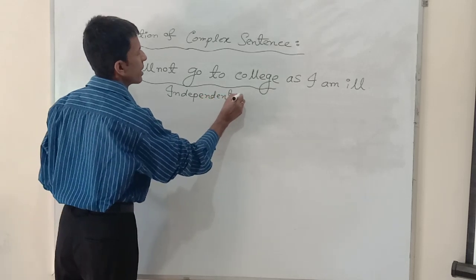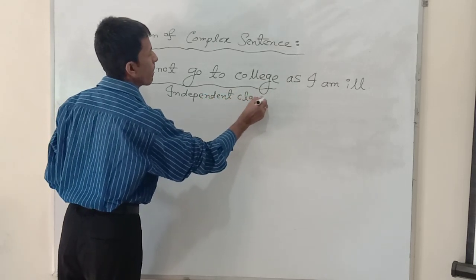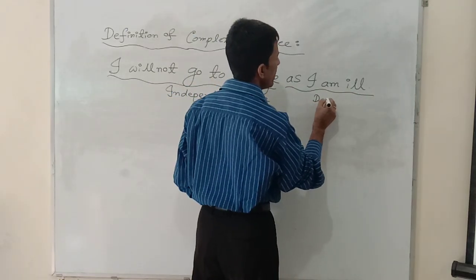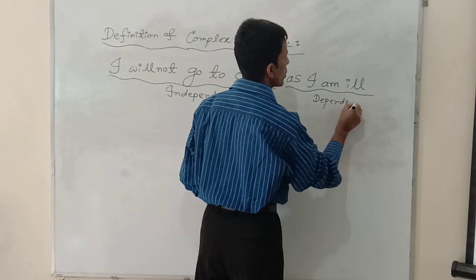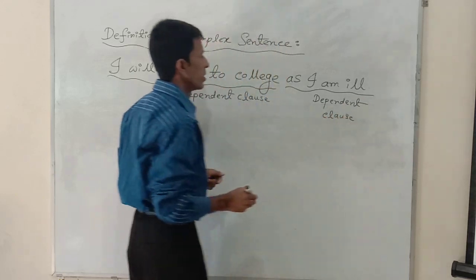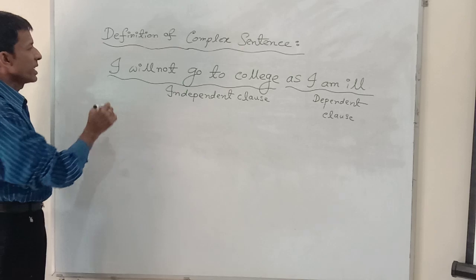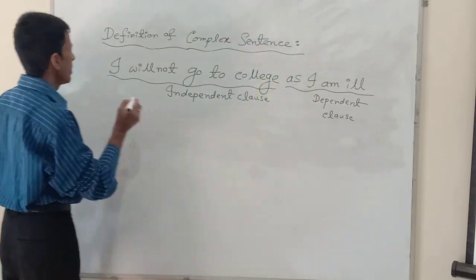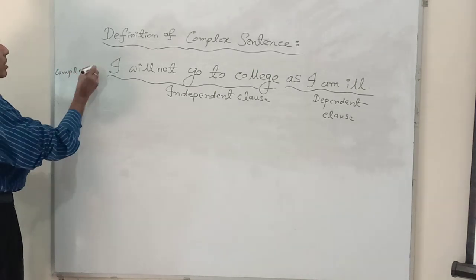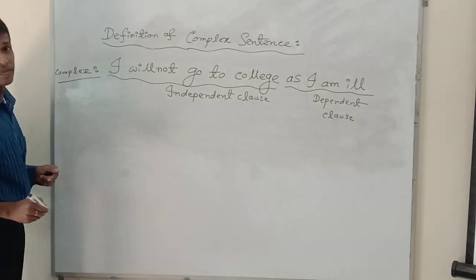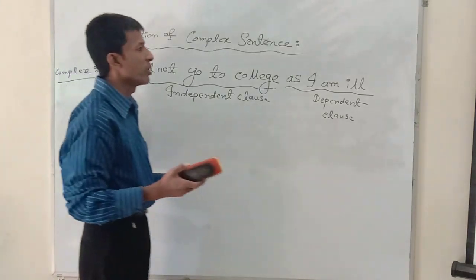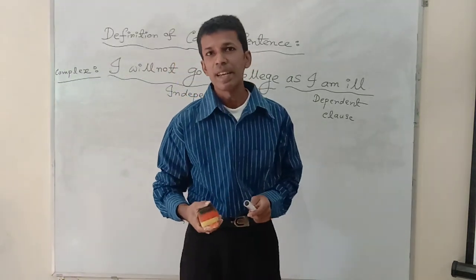As I am ill: this is a dependent clause. So in total we may call it an example of a complex sentence.